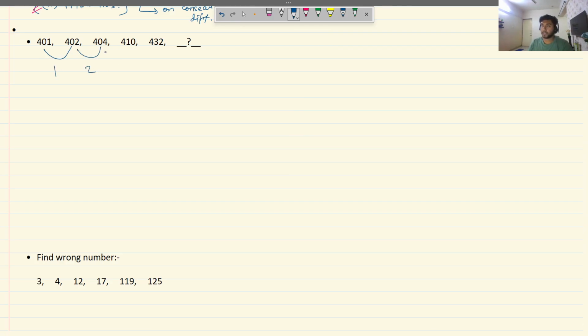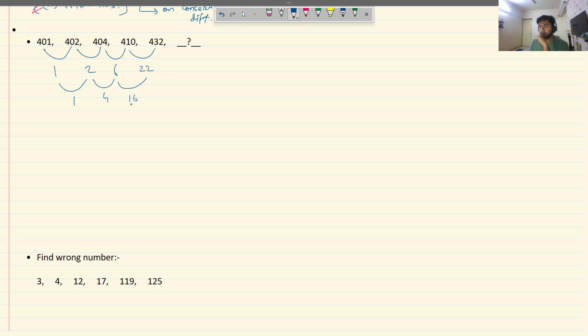2, 6, 22. Doesn't really make much sense. Let's take the consecutive difference of the consecutive difference, double consecutive difference I say. So 1, 6 minus 2 is 4, and 22 minus 6 is 16.